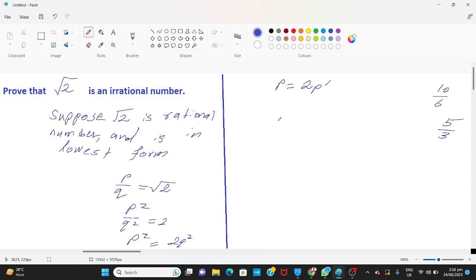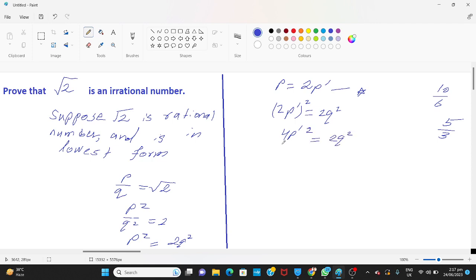Now if p is equal to 2p prime, then I can put the value of p, which is 2p prime, in this equation, and it is followed by a square, so I will take a square, then it is equal to 2q square. This equation I will give the name star. Now I will open the square and it will become 4p prime square, which is equal to 2q square.